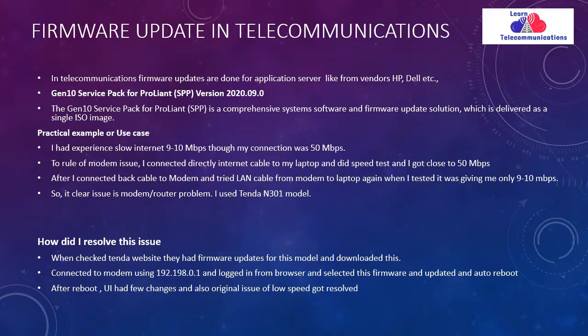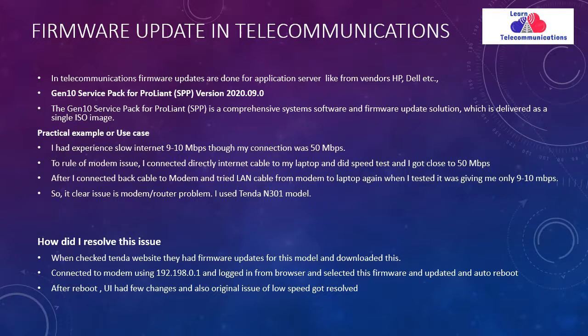Just to give a practical example of how firmware updates really help the hardware or resolve an issue: I had slow internet with the Wi-Fi. I was getting 9 to 10 Mbps when I did a speed test, though my connection was 50 Mbps.